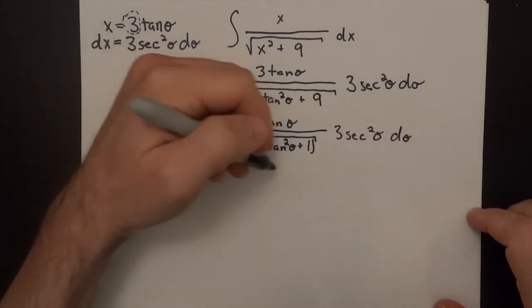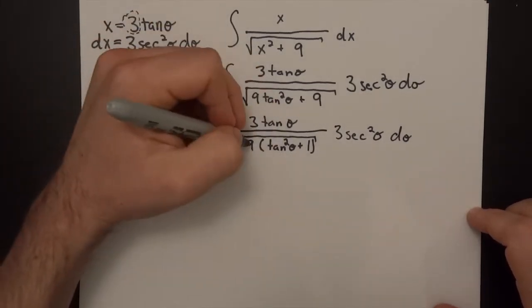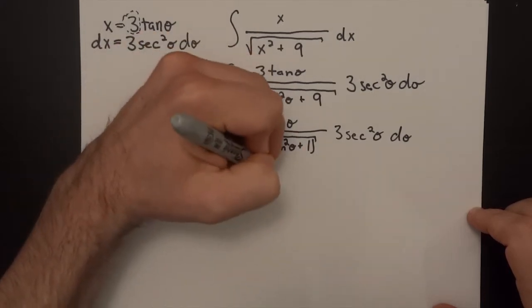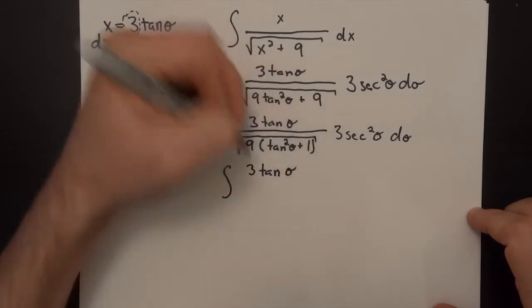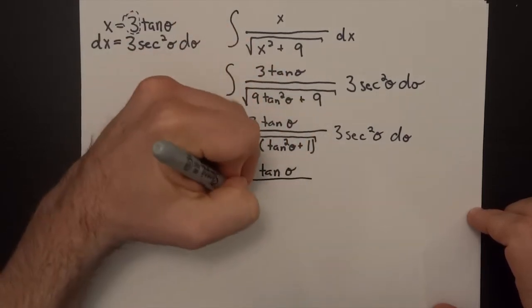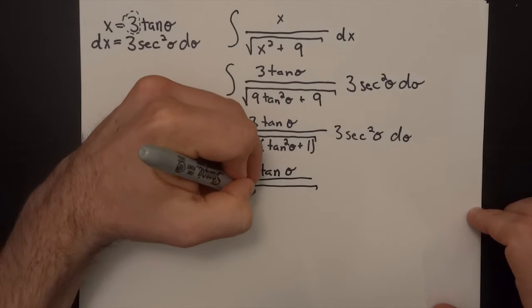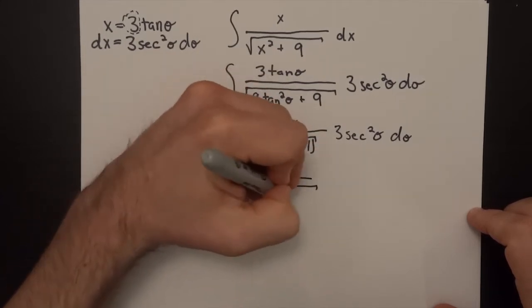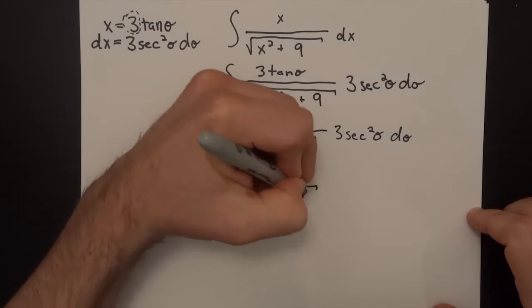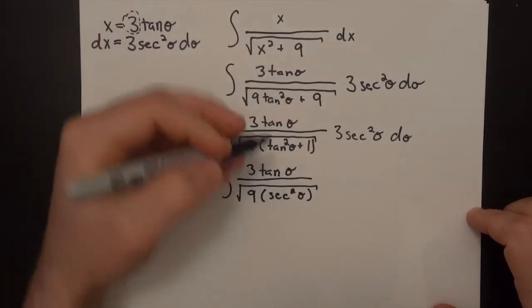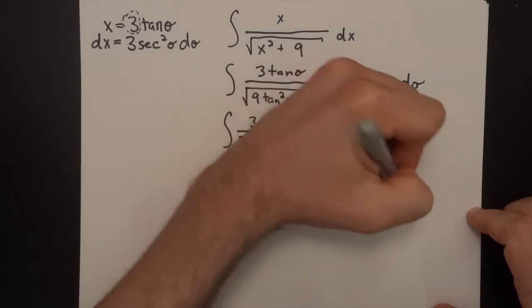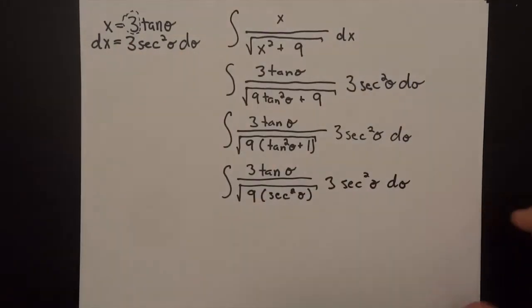So we can actually do two things. One, let's go ahead and simplify that for now. Let's say 3 tan of theta, it's 9, and then underneath here we're also going to say it's equivalent to secant squared of theta, by the identity. 3 secant squared of theta d theta is still out there.